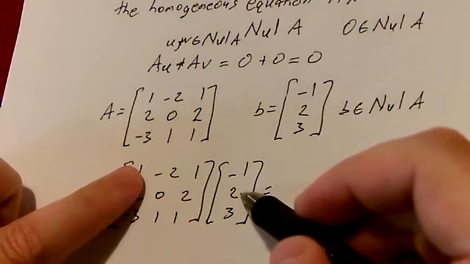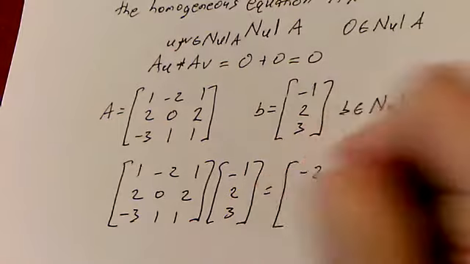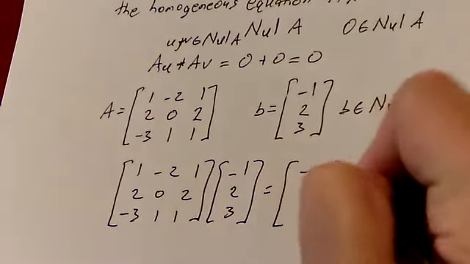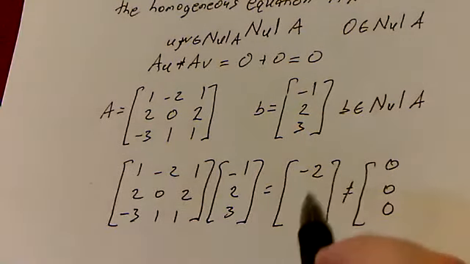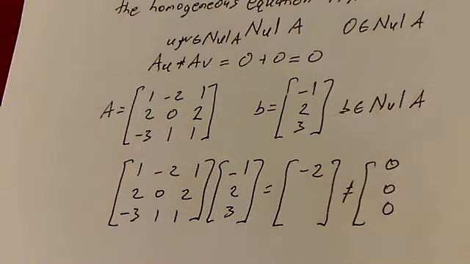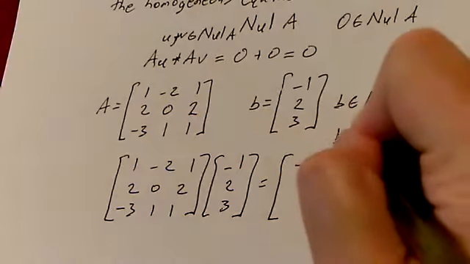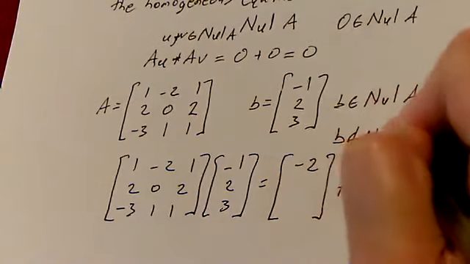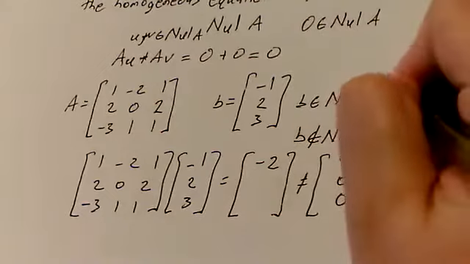Put those together, I get negative 5. 3 times 1 is 3. So the first coordinate is negative 2. Well, I know that's not going to be the 0 vector, even before I find the other two coordinates. So if you multiply and it's not the 0 vector, then you know that B, my vector here, is not an element of the null space. So is B an element of the null space? No.